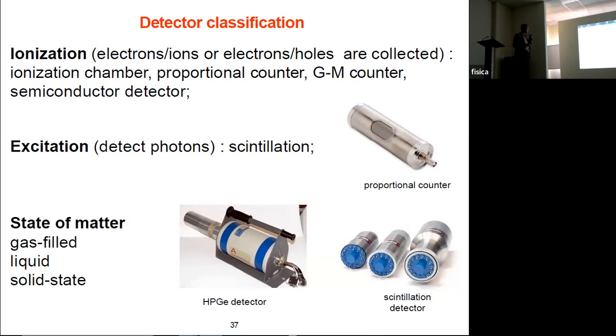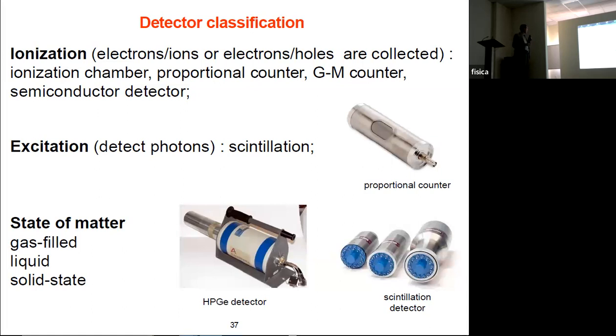And if we talk about ionization, there are several types of detectors. Some of them are called gas-filled detectors. You can see them: ionization chamber, proportional counter, Geiger-Müller counter.